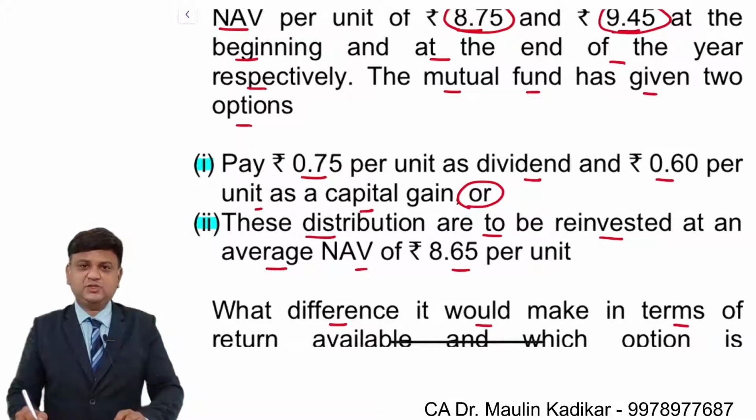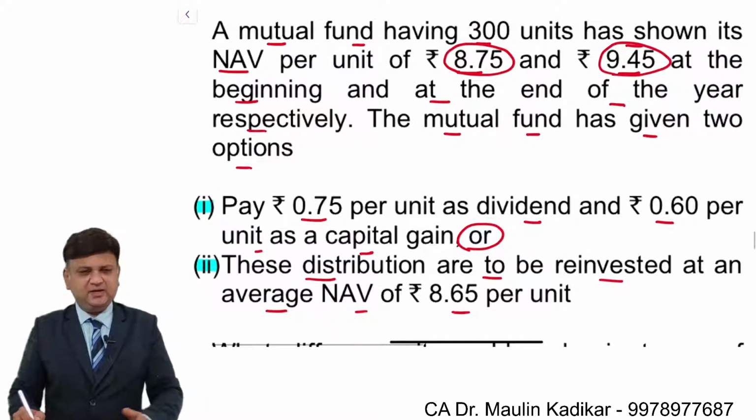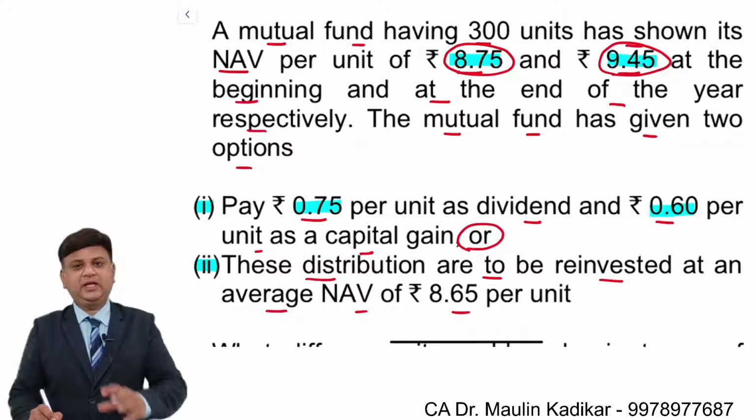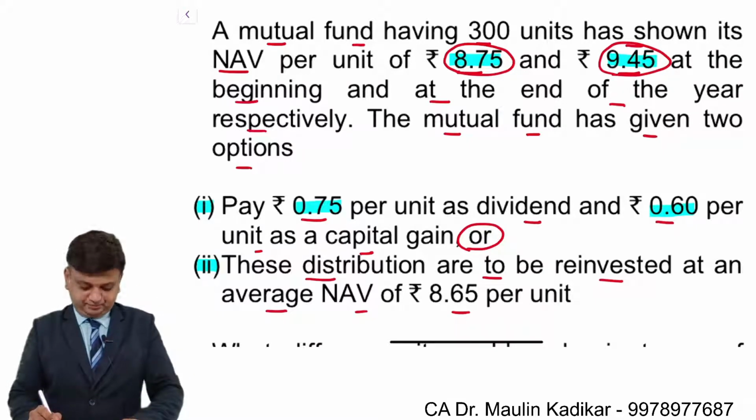As far as the first situation is concerned, it is very simple: dividend income, yes. Capital gain income, yes. Change in the unit value, yes. Taking all of them into account, we are required to compute the return.